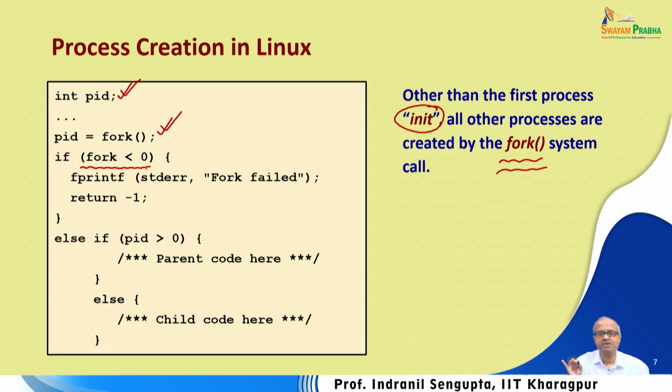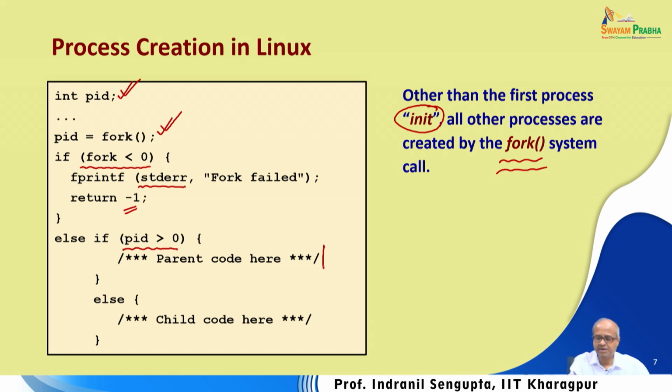First you check whether the fork was successful or not. If it returns a negative value, then it is an error condition. You display some error message, you print it to the standard error device, that is typically the terminal, and you return -1, you stop your program. Otherwise, if you see that the value of PID is some positive value greater than 0, which means this is the parent process.